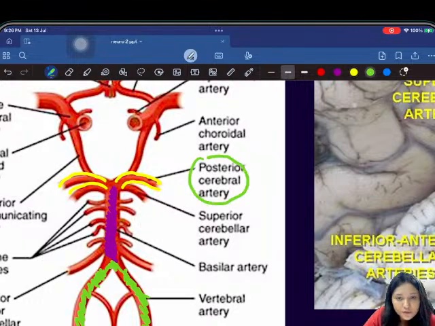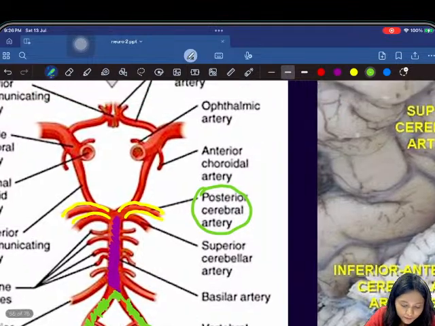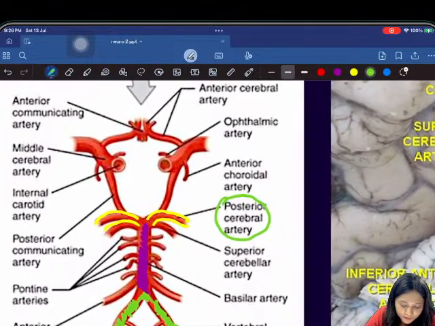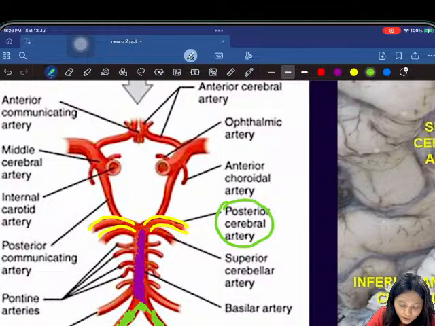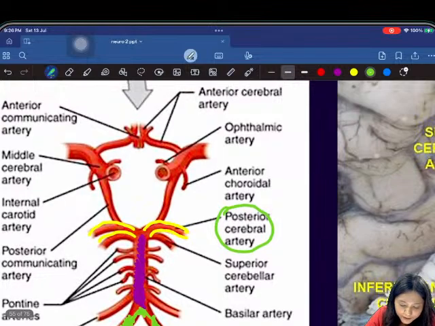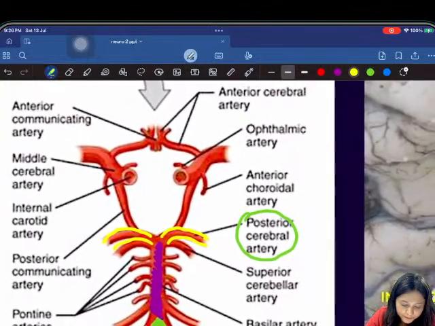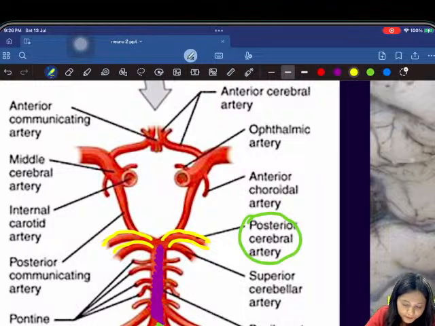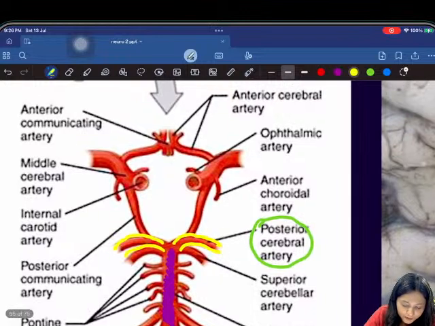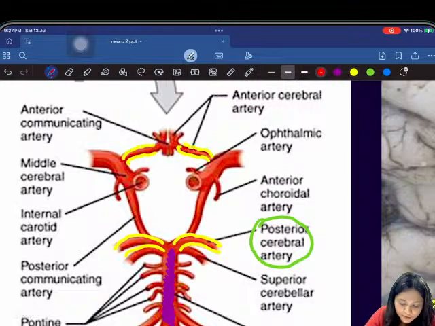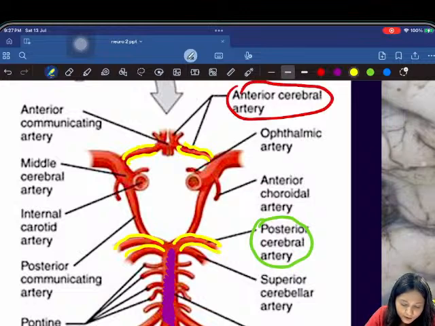Okay, now again from the internal carotid artery, you are going to get the anterior cerebral artery. So the anterior cerebral artery is from the internal carotid artery, and then you are going to get the anterior communicating artery.